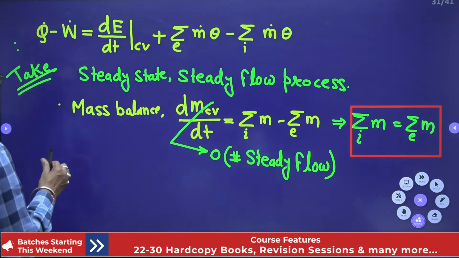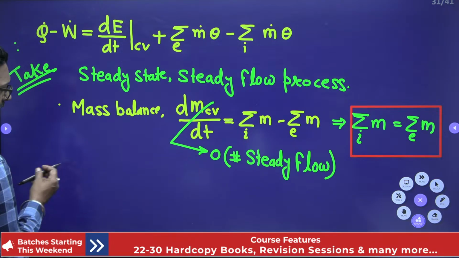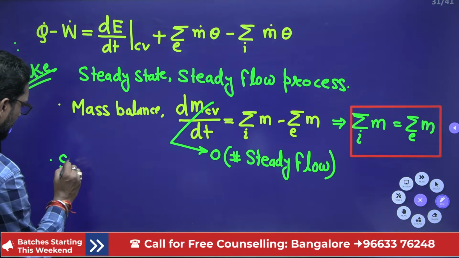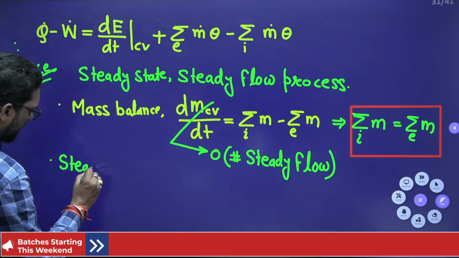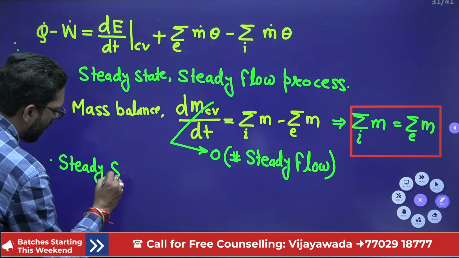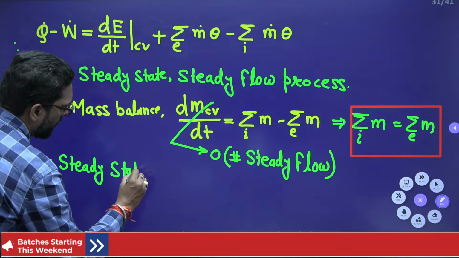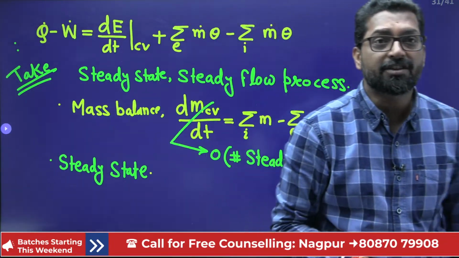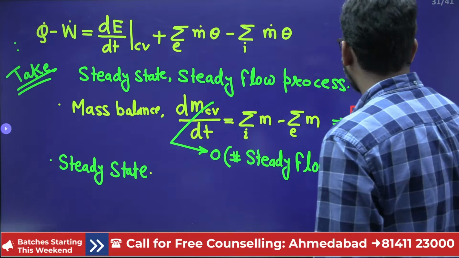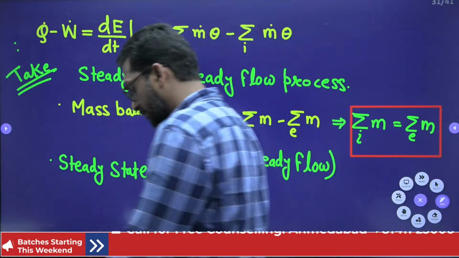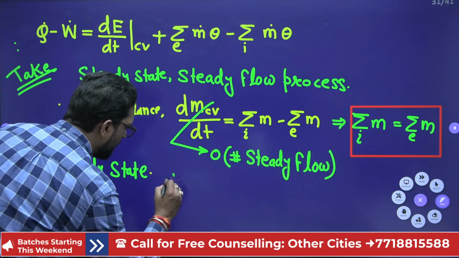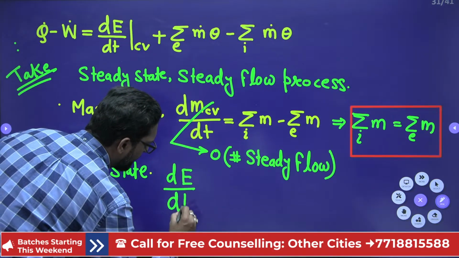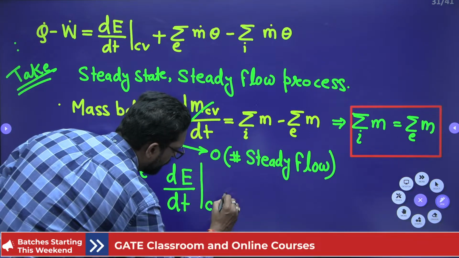Now, second is steady state. Very important. The steady state. State is the property of the system. And what is the property of the system? Control volume, energy is the property of the system. So for steady state, dE by dt of a control volume is equal to 0.